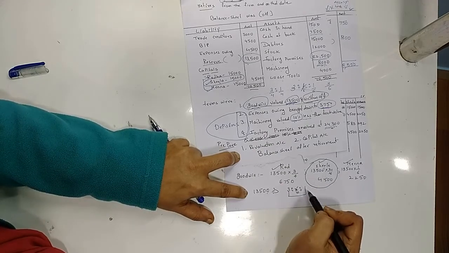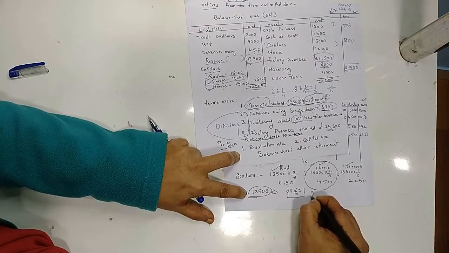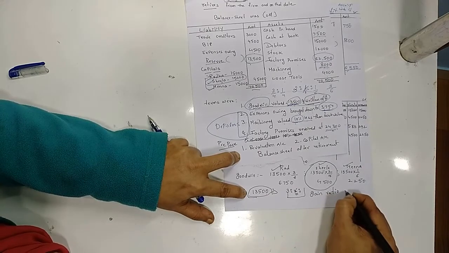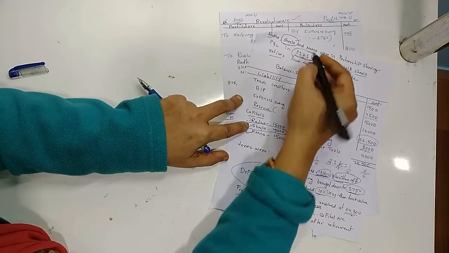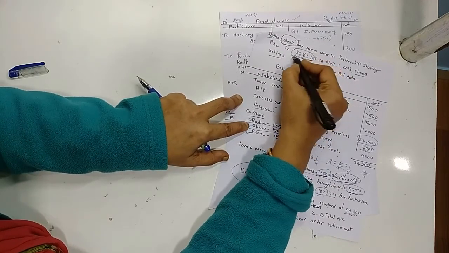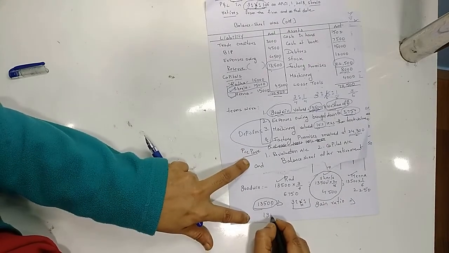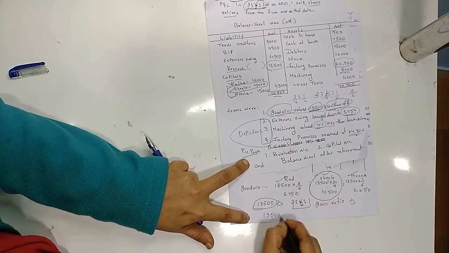Because of that, they will pay this goodwill according to their gaining ratio. Actual ratio is 3:2:1. Sheila is gone now, so 3:1 will be the ratio. They will share it in 3:1 and give it to the retired partner Sheila.